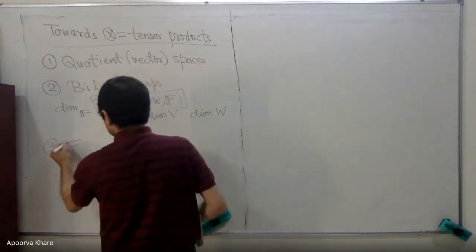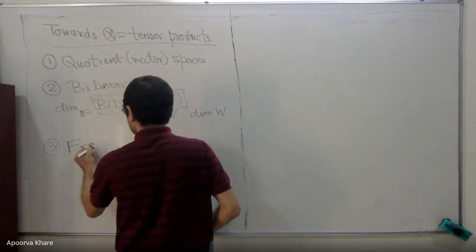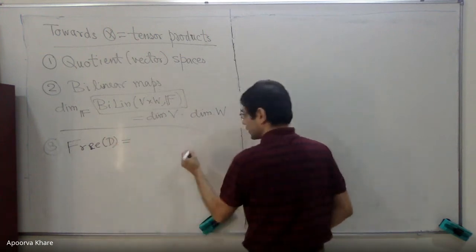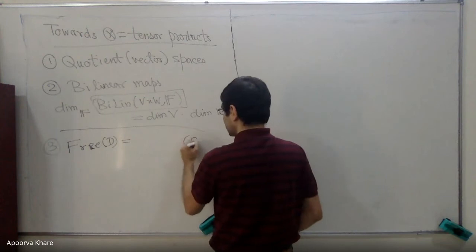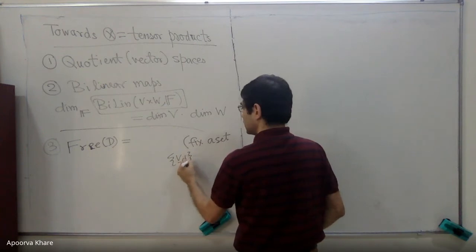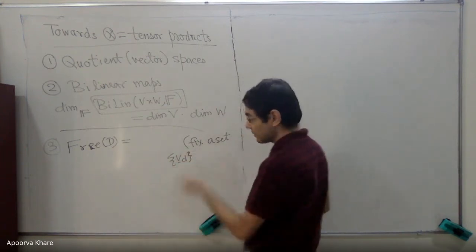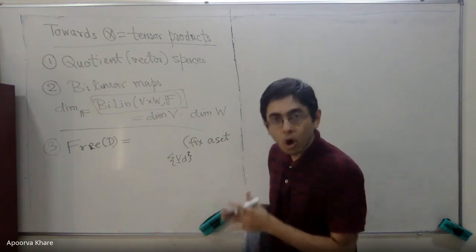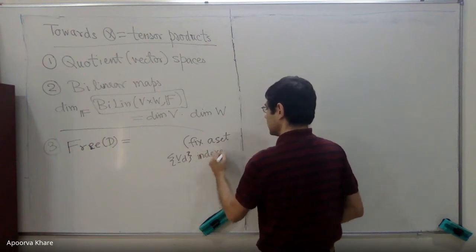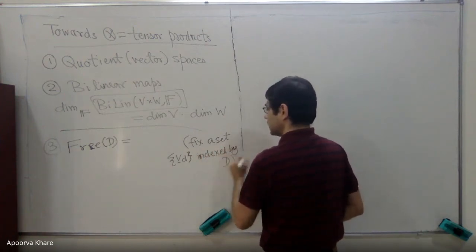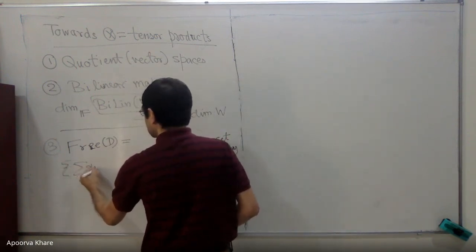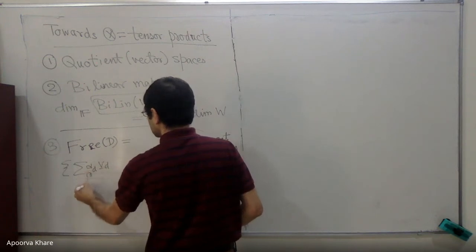Anyway, for now we also saw this thing, which I'll just repeat. The free vector space on any set D is literally, what you can do is you fix a set of vectors VD, indexed by D. I'm not saying that these are occurring somewhere, I'm just fixing these vectors indexed by D. And then you define this to be the set of all finite linear combinations, sum of alpha D VD, where alpha D belongs to the scalars.